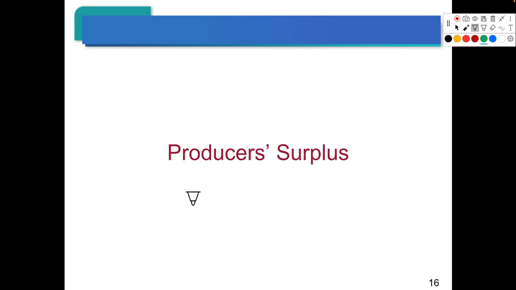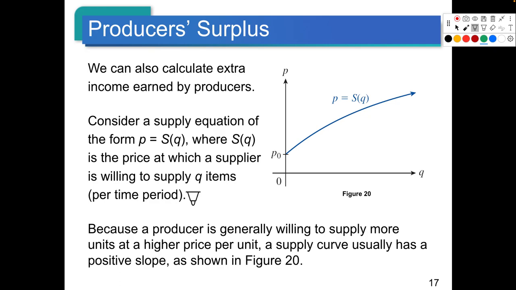Okay, so we'll do the same thing, but now we're going to do it with producer surplus. So this is the same concept, but looking from the side of the producer. So the producer's curve looks a little different. For the producer, if the price goes up, they're willing to make more.